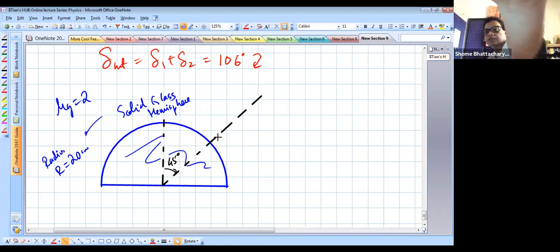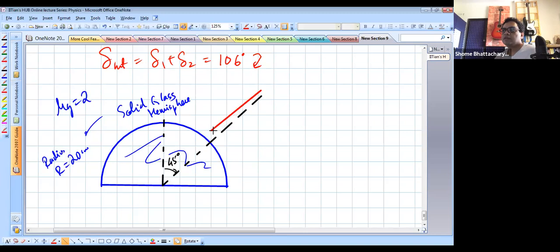Okay. Now we have incidence which is like this. We have a narrow beam of light. It's coming from infinity like this.